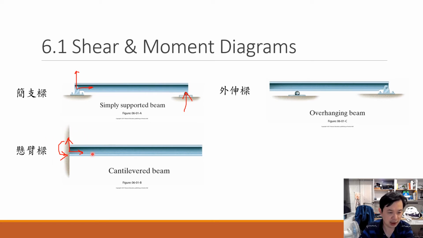So we have three constraints on one side and no constraint on the other side. That's what we call a cantilever beam. 悬臂梁 is the Chinese name of this beam.